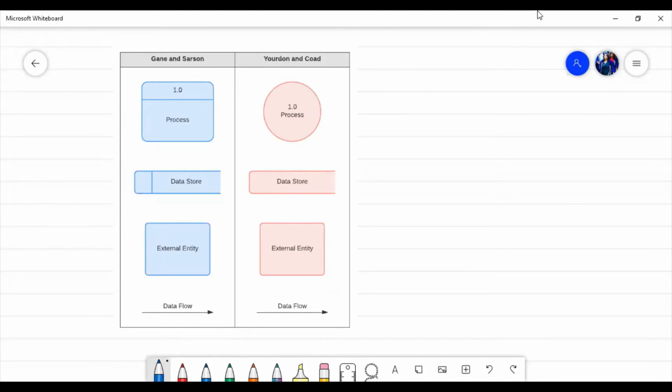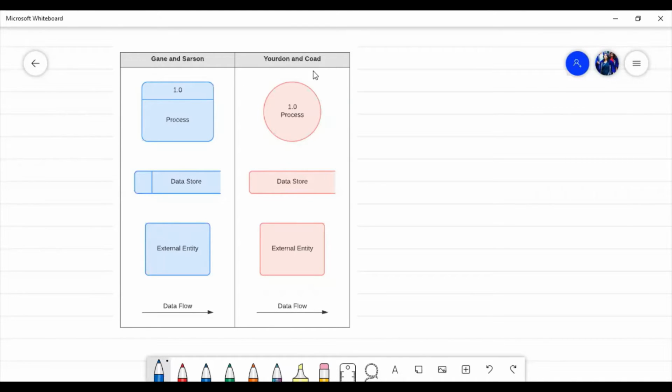In DFD diagrams also we have symbols, and here you could see mainly we have two types of symbols. Two types in the sense two different authors, Gane and Sarson, and Yourdon and Coad. These two, Gane and Sarson, invented this particular set of symbols in order to draw the DFD diagrams.